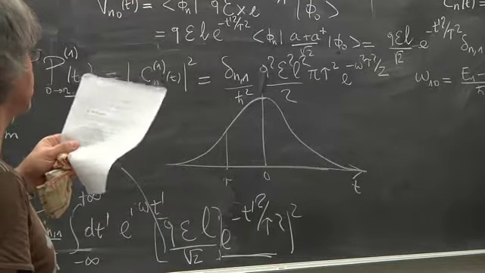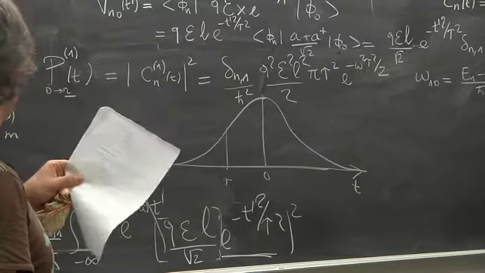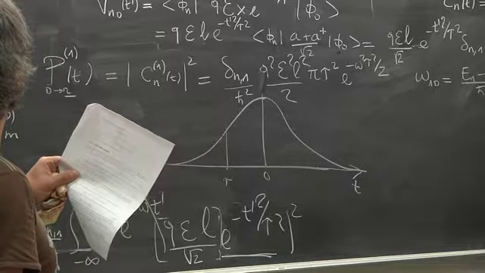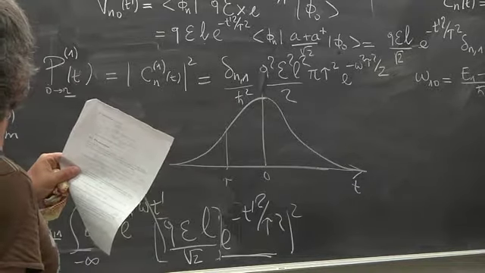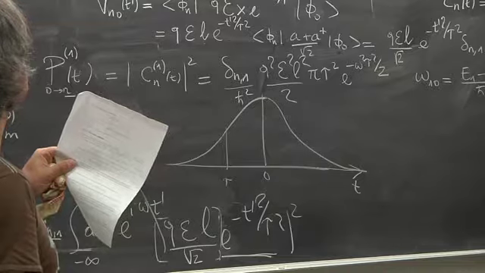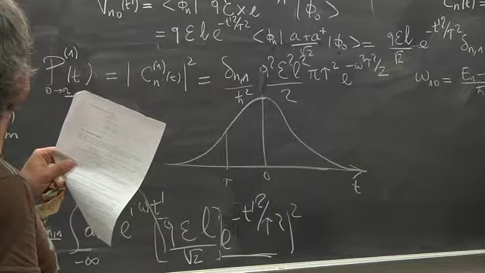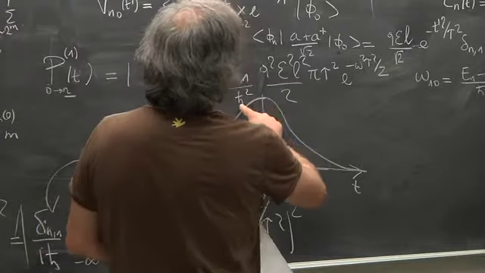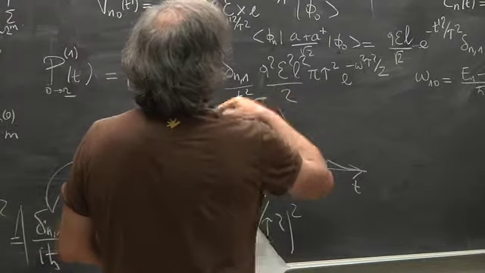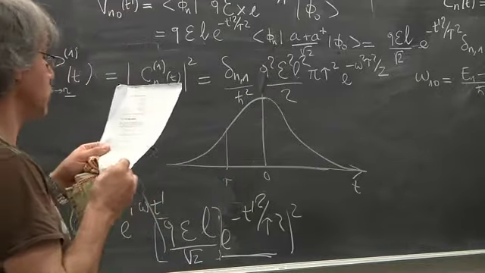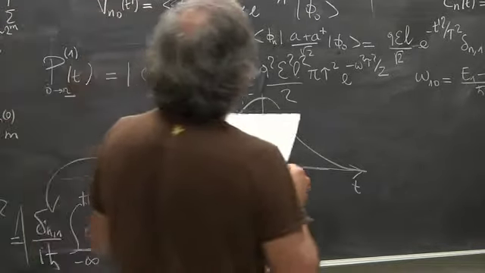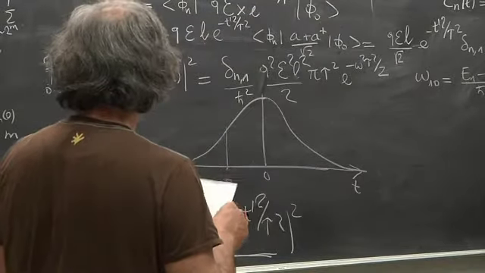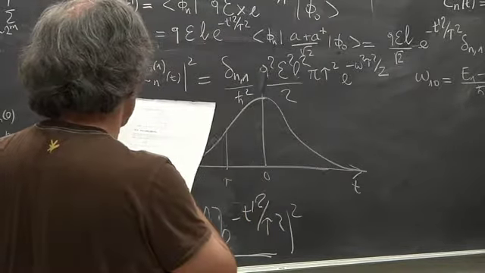L square is... there are m's and omegas appearing here, and h bar, by the way. You can erase this, if you want. Wait a second. I missed something with respect to the formula.